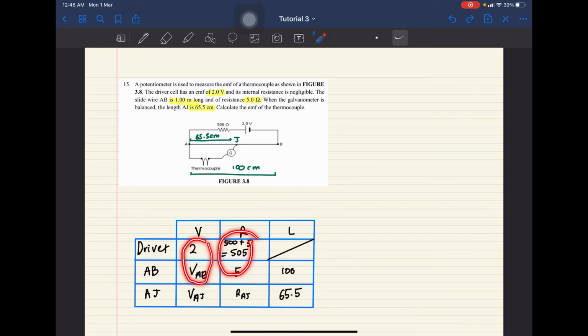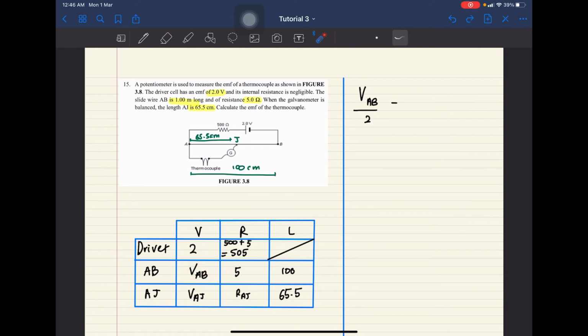I can find my VAB. Once I found that one, I can relate these two, VAJ over VAB, and equate with this one, 65 upon 100. So this part is when you can skip this one. It can jump. It doesn't have to be right next to it. It's the same, if I want to do this one with this one, and this one with this one, that's also fine, no problem. Depends on the situation. So I'm going to find the VAB first.